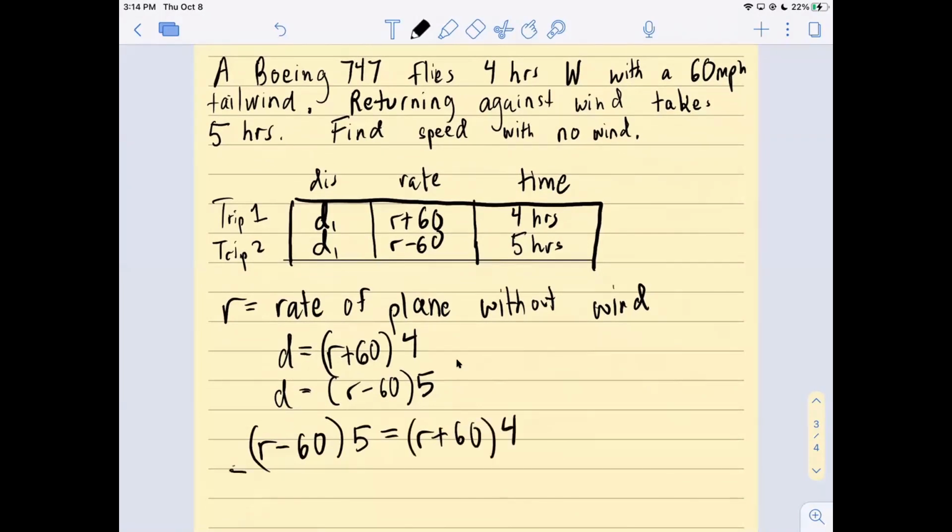This would be 5R minus 300 is equal to 4R plus 240. Adding 300 to both sides, and subtracting 4R, I get R is equal to 540.